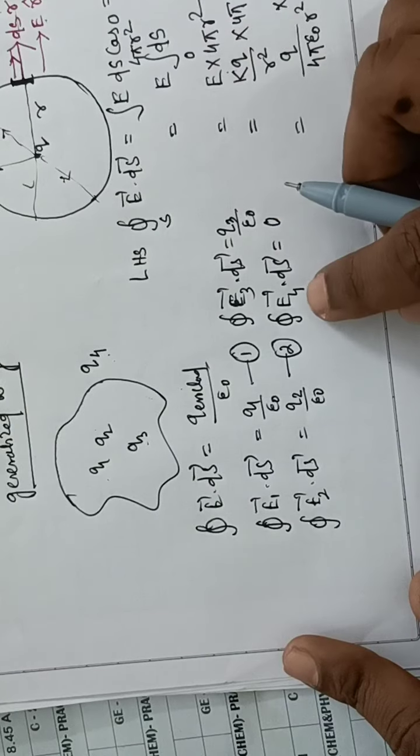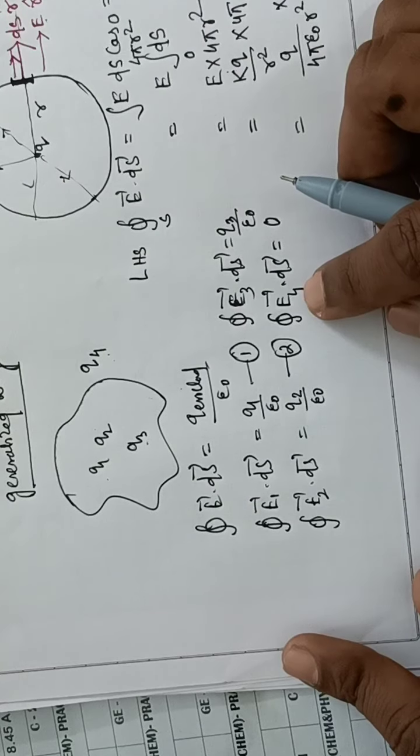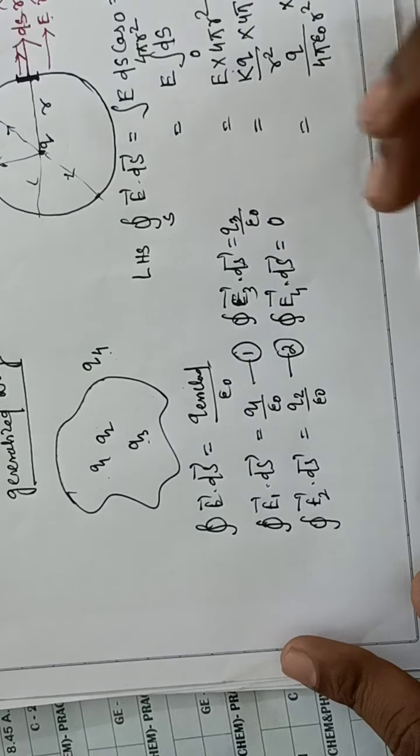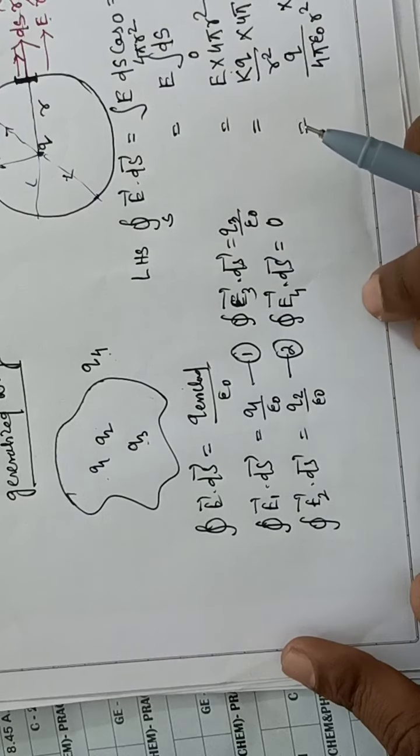Flux is 0, but the electric field is not 0. This is a very careful thing. If the net flux of the system is 0, the net electric field of the system may or may not be 0. This is a very important statement a student has to remember.